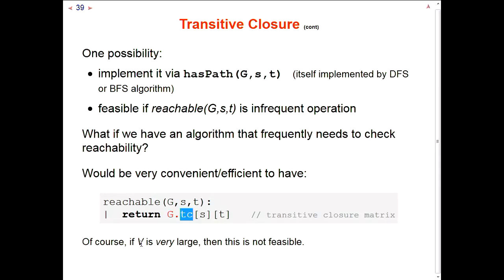And it's not, for example, possible for Google to keep a matrix of all possible web pages and see whether you can, via a sequence of links, reach one web page through another. That's only because you have way too many web pages for you to maintain this squared array. But if you have a reasonably small graph, then it can be a good thing to pre-compute the reachability, the transitive closure matrix.